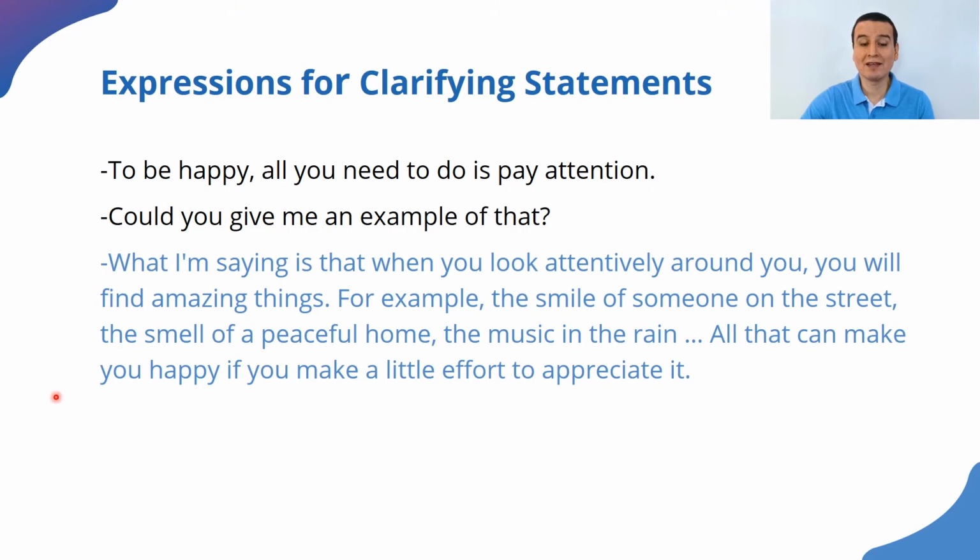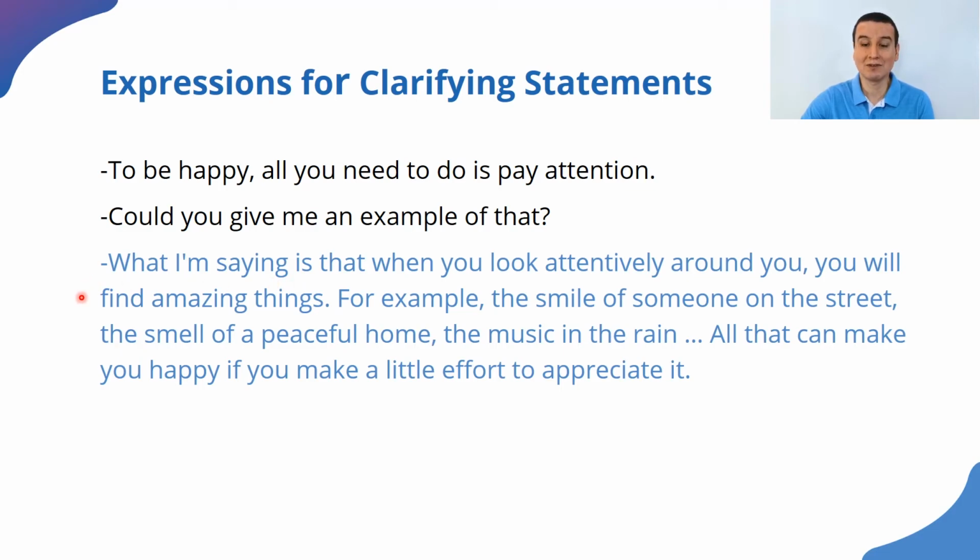All right. The last conversation was, to be happy, all you need to do is pay attention. That seems very general. So somebody asks, could you give me an example of that? And then the explanation is, what I'm saying is, you see, that's how you introduce your clarification for confusion. What I'm saying is that when you look attentively around you, you will find amazing things.